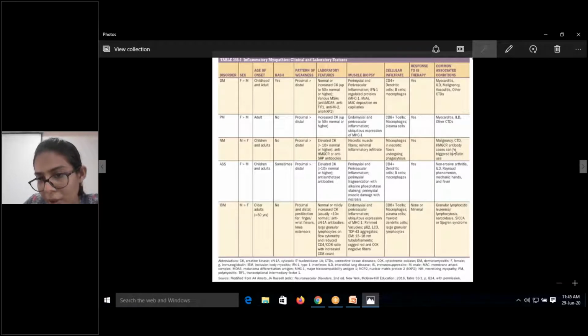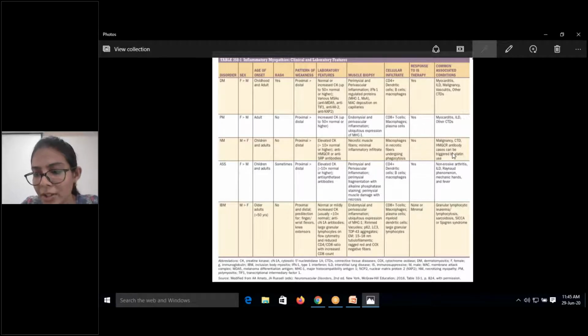HMG-CoA reductase antibodies can be triggered by statin use. So, statin is one of the common drugs we give for elderly patients with risk factors and who are developing some CADs, right? So, whenever we put the patient on statins, some of the patients can have symptoms of myopathy, and some patients need not have symptoms, but sometimes when we do a routine test of creatine kinase, the creatine kinase can be elevated.